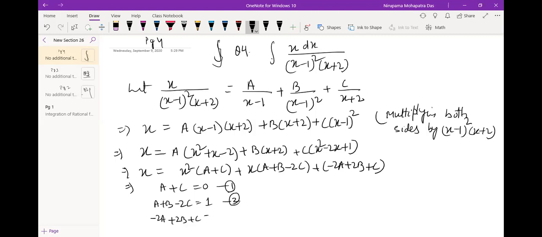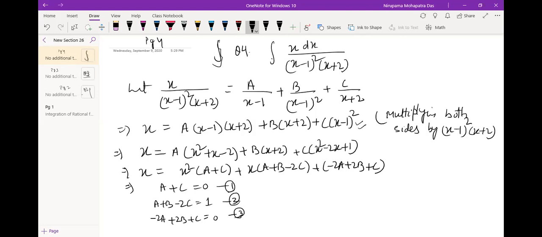There is no constant term in LHS, so this is 0. Now you have to solve equations 1, 2 and 3. While solving, you can use the normal method, but as I told you earlier, the shortcut method you can apply from here.